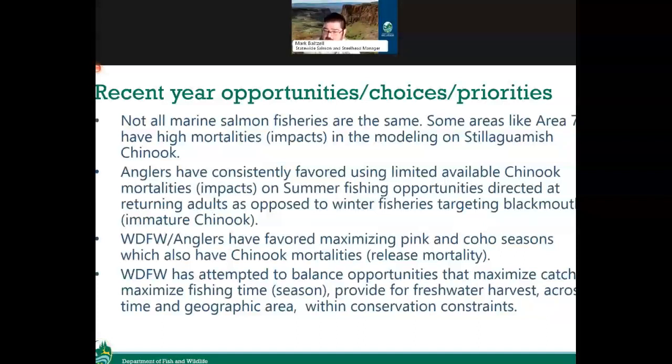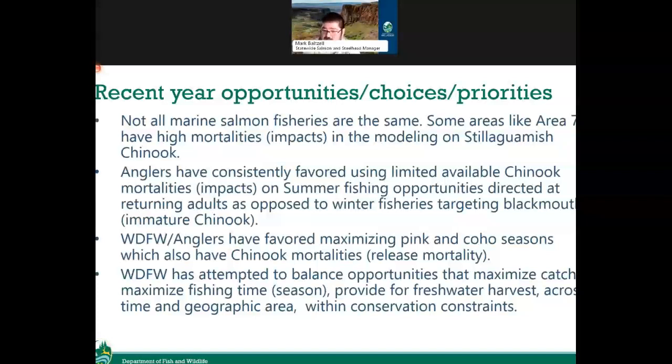Through that modeling and subsequent agreement on management objectives, we noticed that the landscape was a little different than how we had been looking at it in the past. One aspect I wanted to get across is that not all these marine areas are the same in terms of impact on stocks of concern.